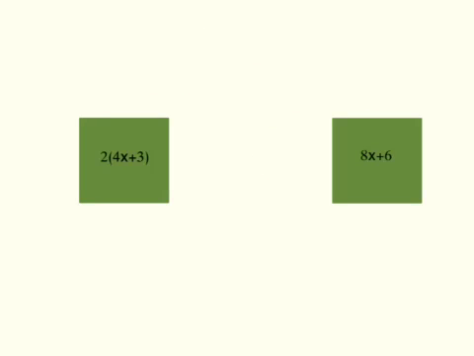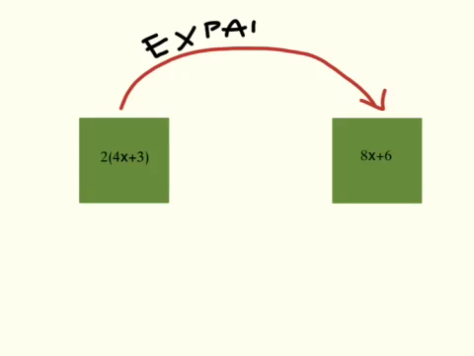So here is another way of thinking about it. Here we have our expression 2 times 4x plus 3. And on the other side, we have our expression 8x plus 6. How do we get from the left-hand side to the right-hand side? To move from left to right, we need to expand our brackets.